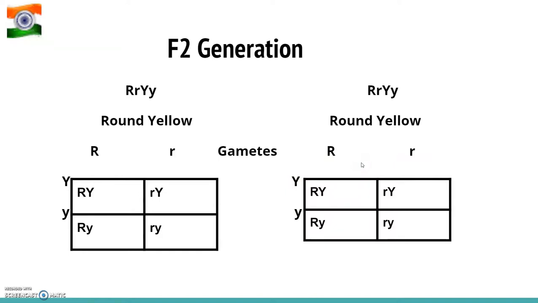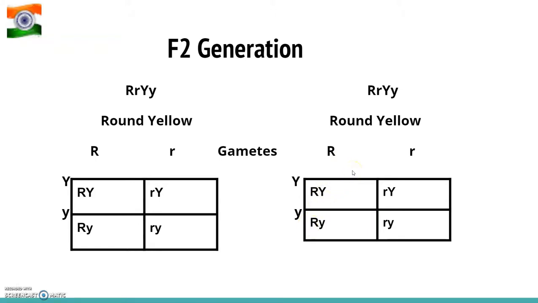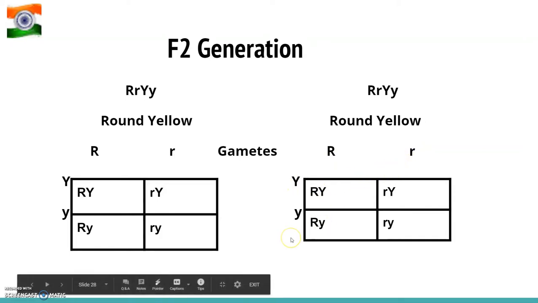The important thing to remember here is that the segregation of 50% R and 50% r is independent of the segregation of the 50% Y and 50% y. Therefore 50% of R-bearing gametes have Y, and the other 50% have small y. Similarly, 50% of r-bearing gametes have Y, and the other 50% have small y.